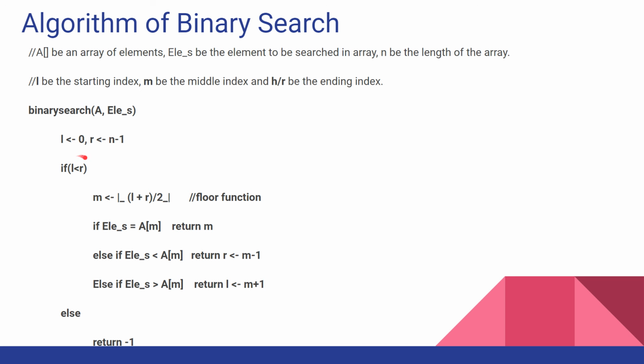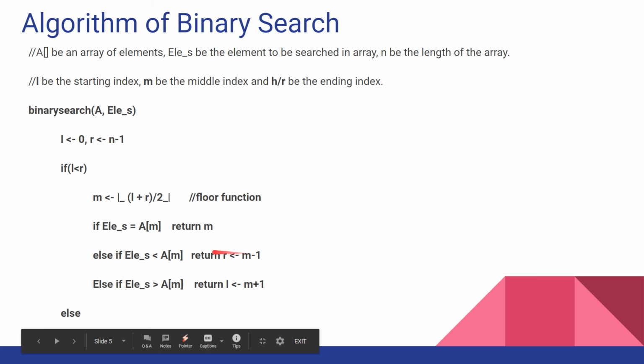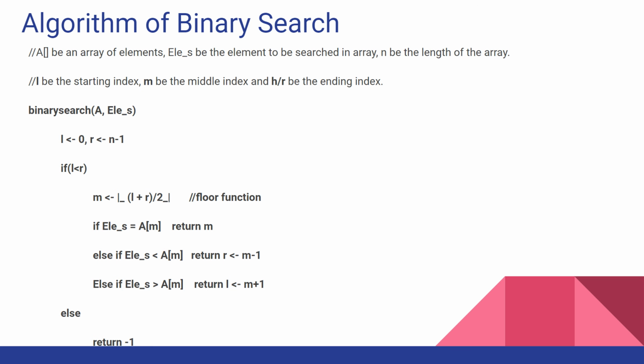Now again you have to check the if condition. The value of L is 5 and R is 4. So is 5 less than 4? No. So we don't have to go into the if loop, and we have to see the else part, where we are returning minus 1.